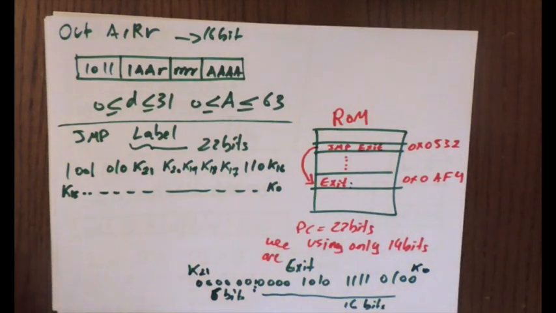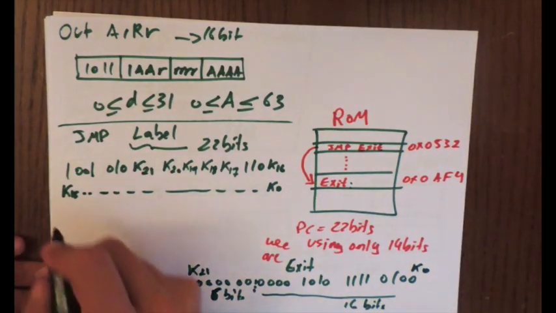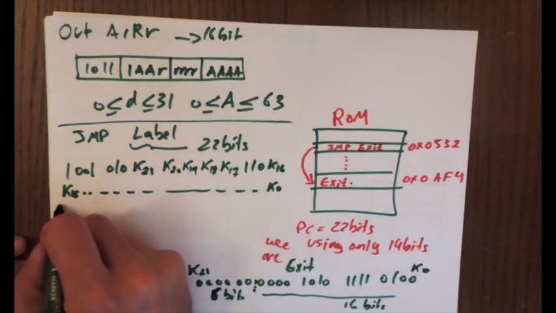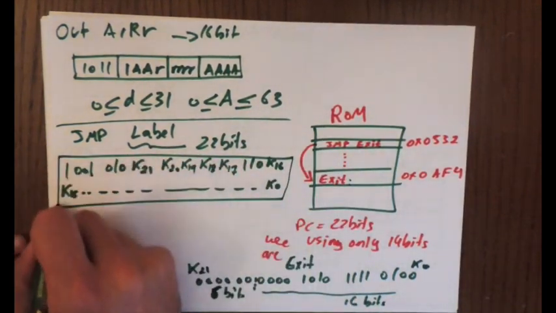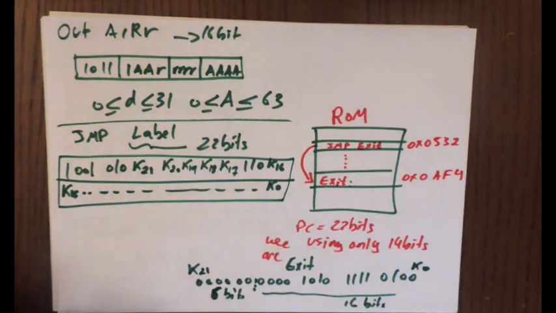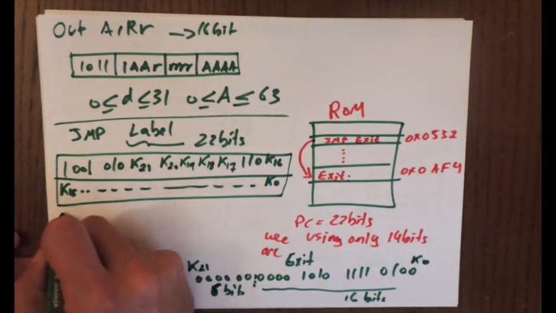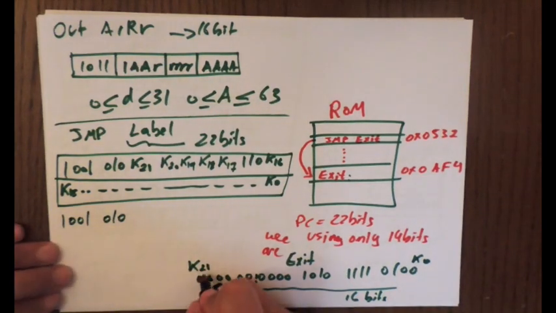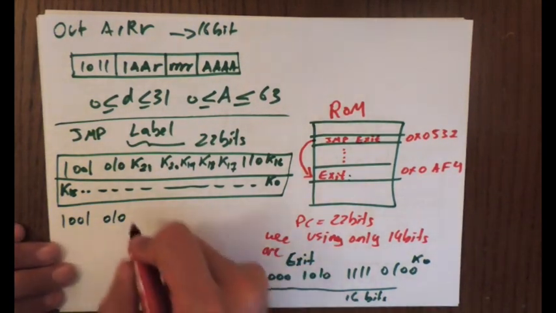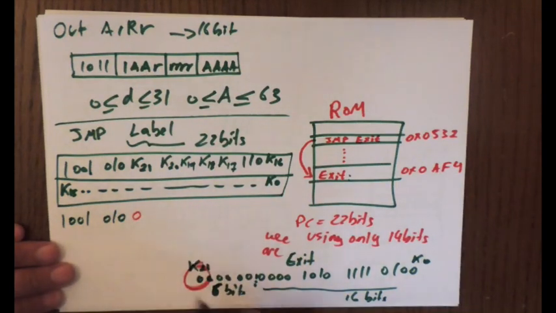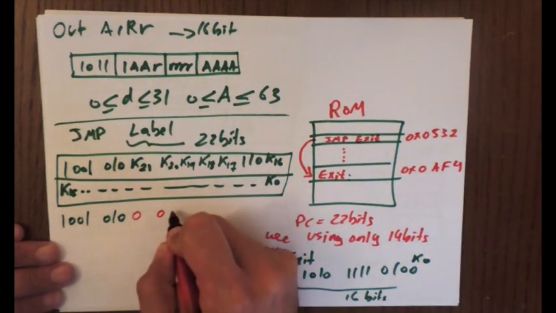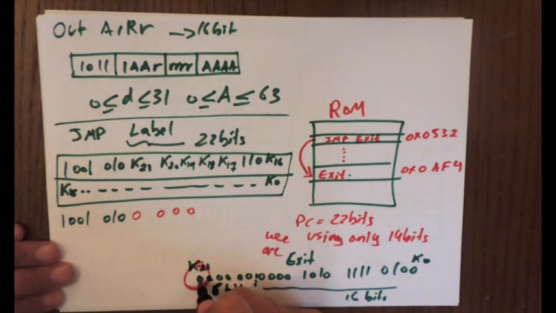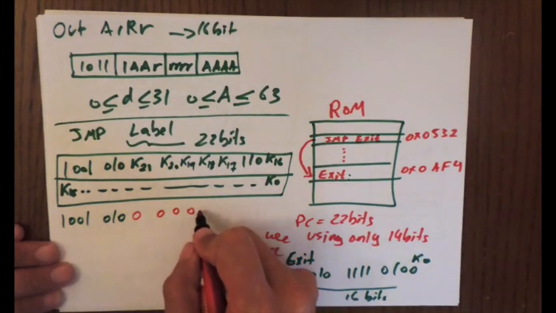So now, if I want to write this instruction, this is a 32-bit instruction, of course. So the first one is going to be like this. This will be 1, 0, 0, 1, 0, 1, 0. Now I need to write K20. So K20 is 0, K21, K20 is also 0, 19, 18. So 21, 20, 19, 18. This is K17. It's going to be also 0.